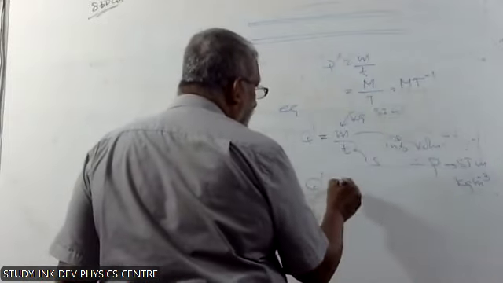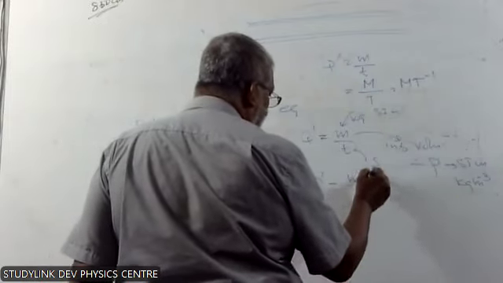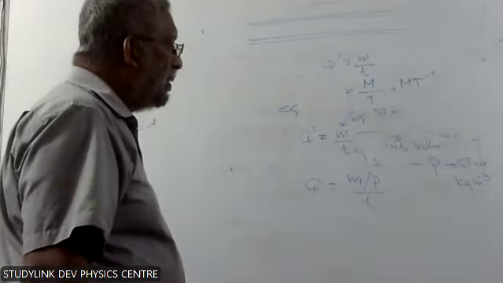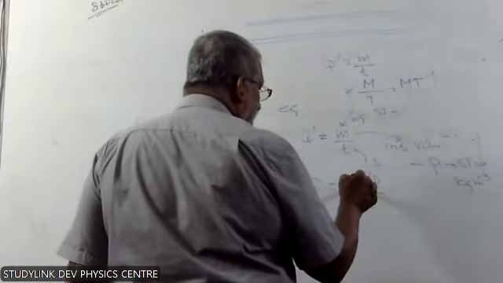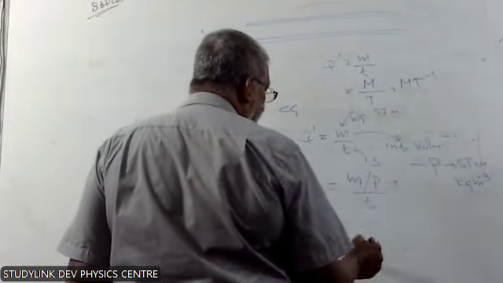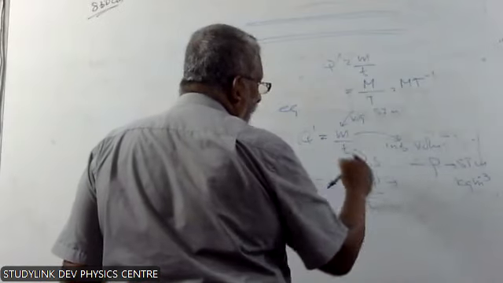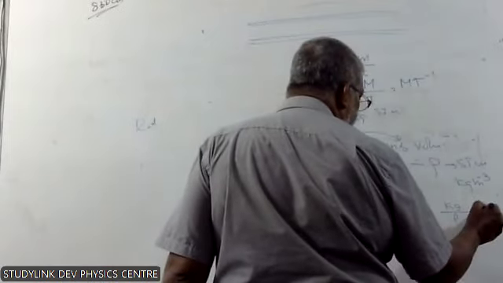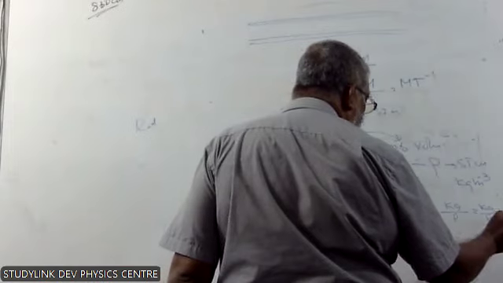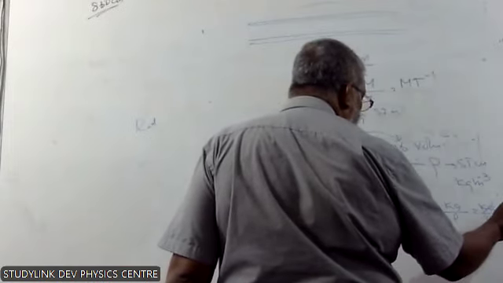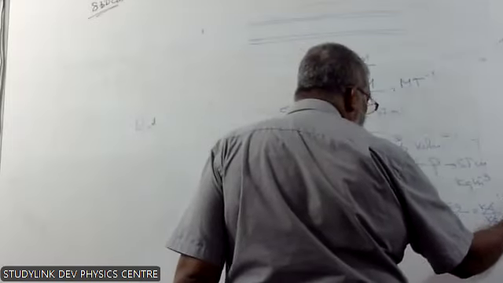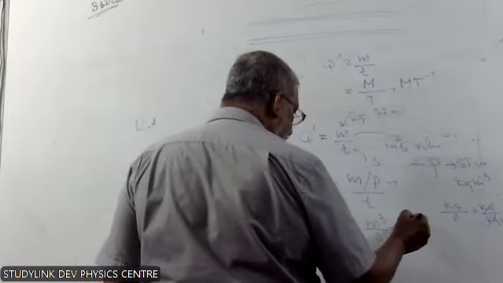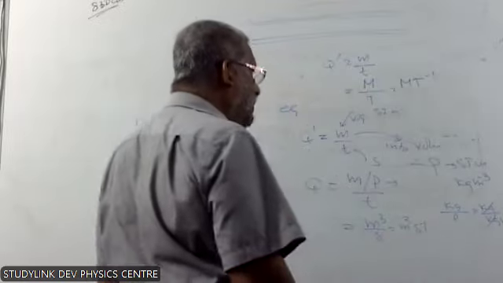Then Q dash is equal to M divided by rho, divided by T. Kilogram divided by kilogram per cubic meter, the kilograms cancel off, and you get cubic meters per second. This is how you convert.